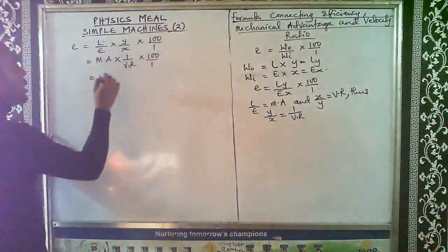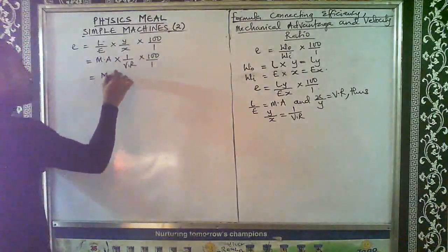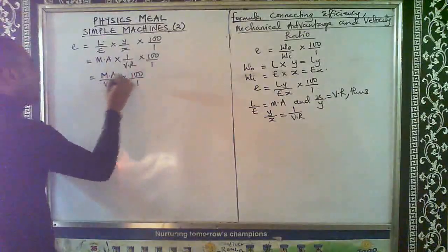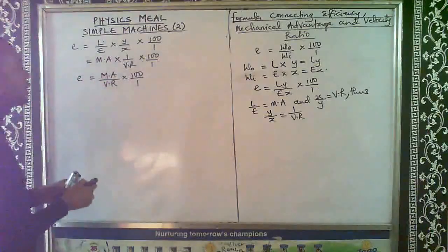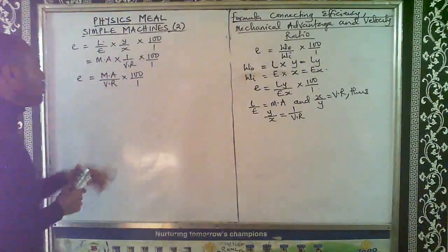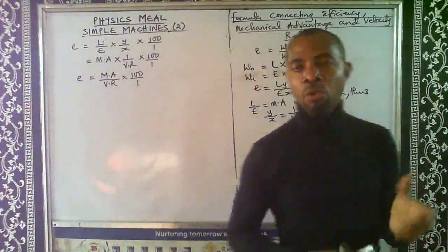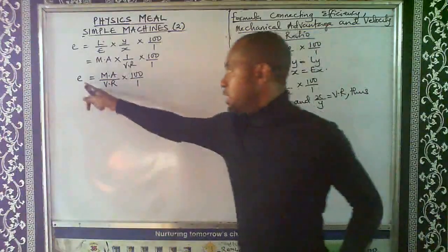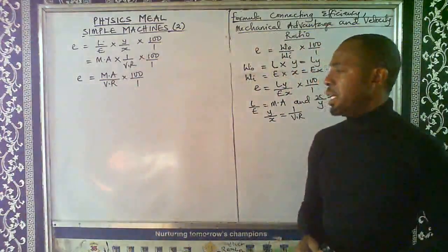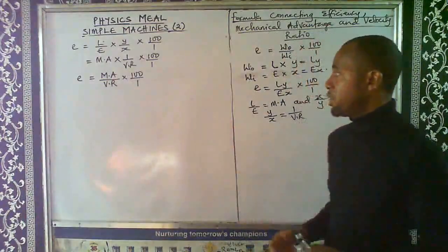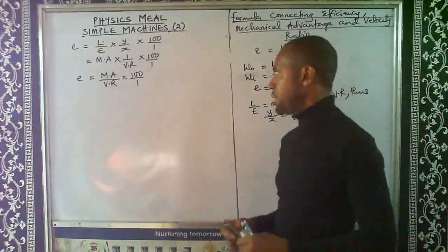If we simplify this further, we have MA over VR times 100 over 1. That's my efficiency. So mechanical advantage over velocity ratio will give us the efficiency when you multiply it by 100. It will now be the efficiency expressed in percentage.